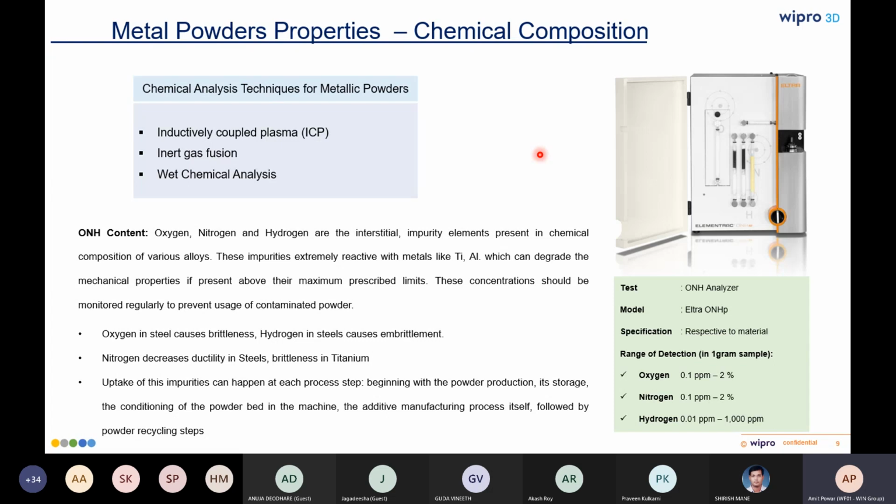They check the chemical composition with different methods like inductively coupled plasma, ICP-OES, inert gas fusion, or wet chemical analysis, and ONH analysis can also be done with the ONH analyzers available in the market. This is a well-established process available at laboratories.